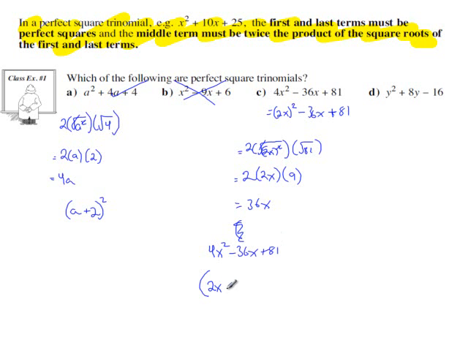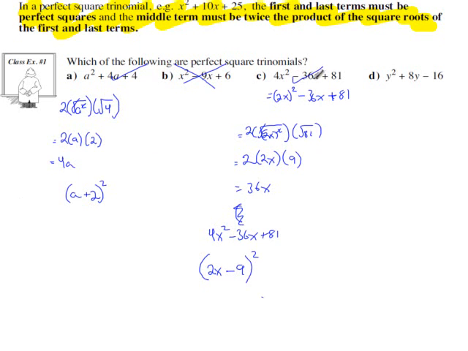The square root of 81 you can write as plus or minus 9. So in this case it has to be a negative 9 squared. So yes, this is a perfect square trinomial, and the factored form is 2x minus 9 in brackets squared.